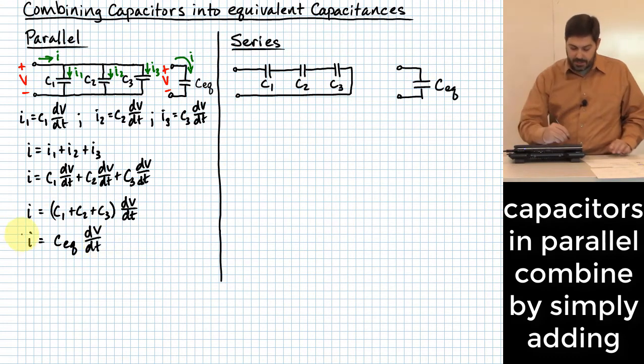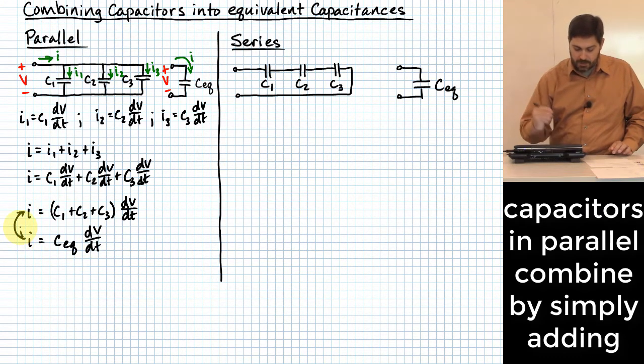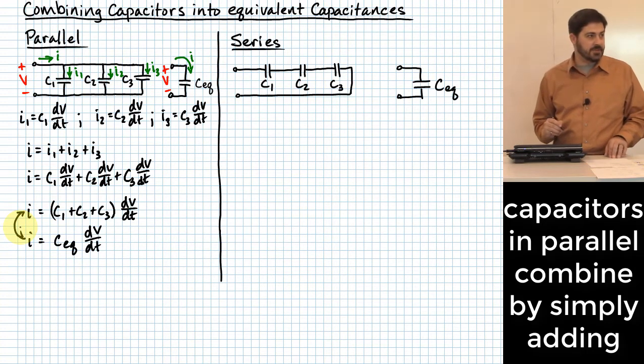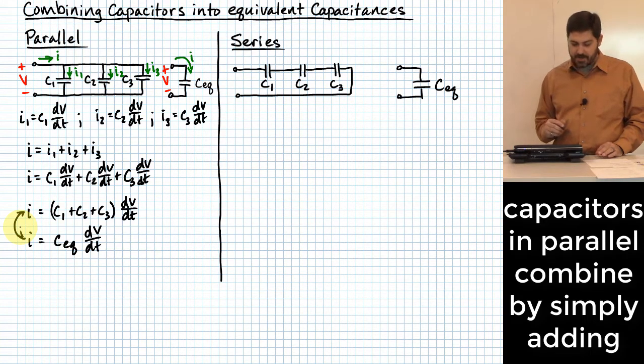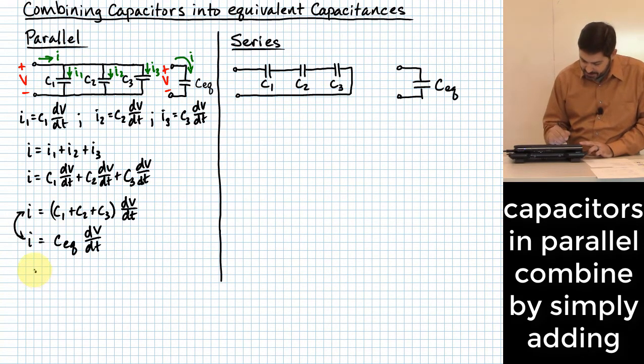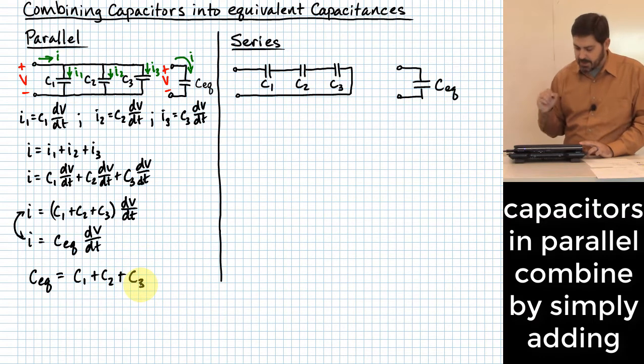I could formally equate these two to one another and then divide out the dV dt, but you can see how that would work. This tells us that CEQ has to be equal to C1 plus C2 plus C3.